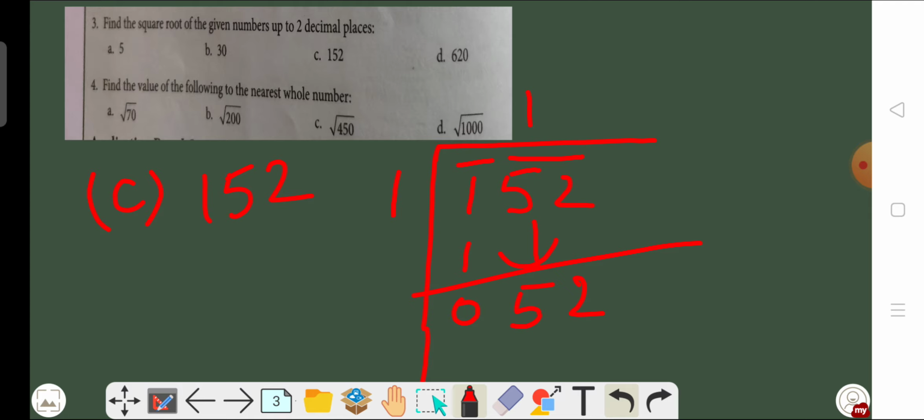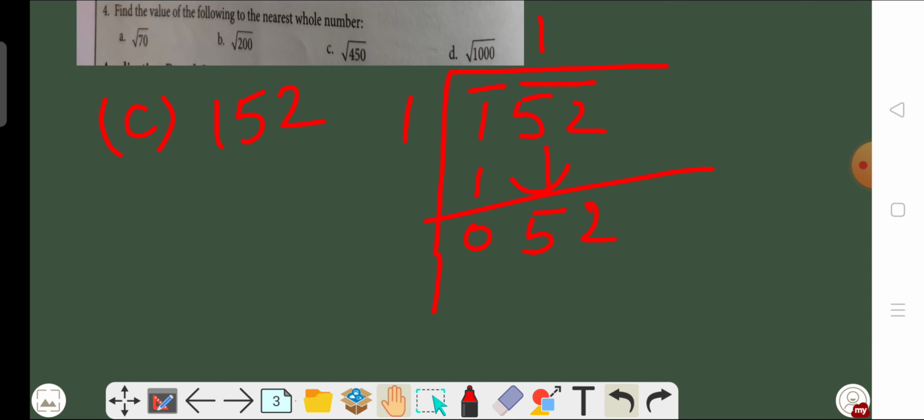Now to find the next divisor, what do we have to do? We have to multiply the quotient by 2 and then find the unit place number in such a way that the product is approximately equal to 52. So we can find this by the hit and trial method. If we put 4 here, then we multiply by 4, but this is equal to 96.